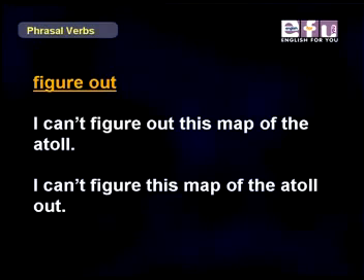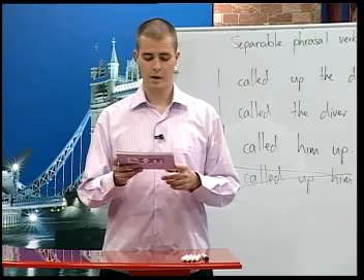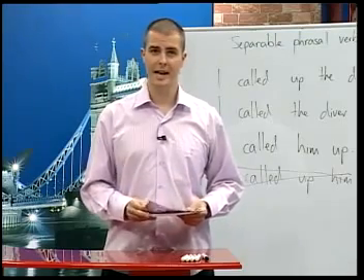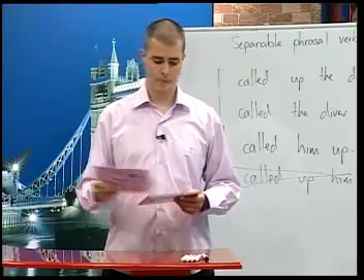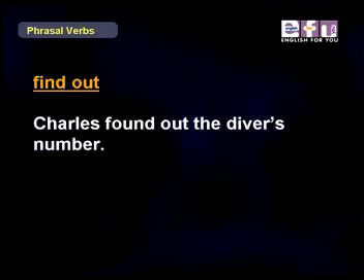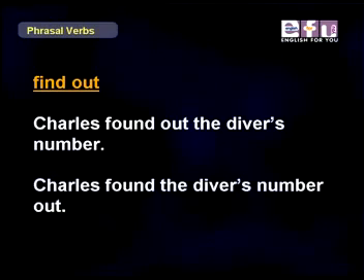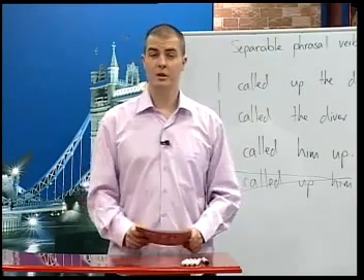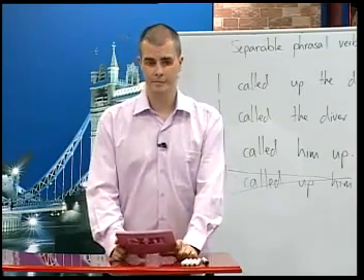I can't figure this map of the atoll out. To figure out means to understand or to solve. Find out. Charles found out the diver's number, or Charles found the diver's number out. To find out means to learn or to discover.